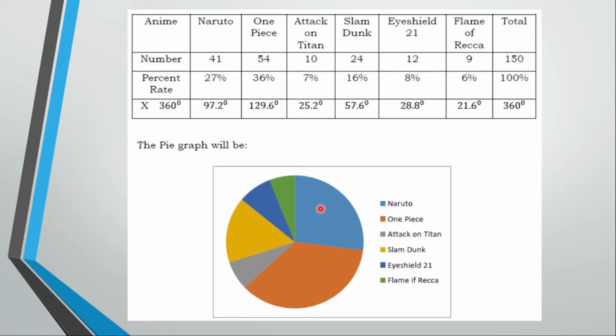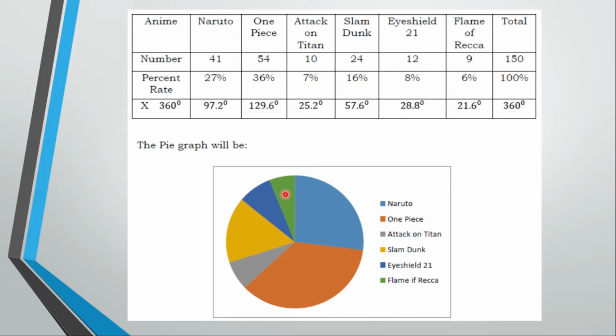Each portion has a degree measurement, and this pie graph shows the different animes the students are watching. So the blue represents Naruto, dito One Piece, dito naman Attack on Titan, dito yung Slam Dunk, Ice Shield 21, and the Flame of Recca.